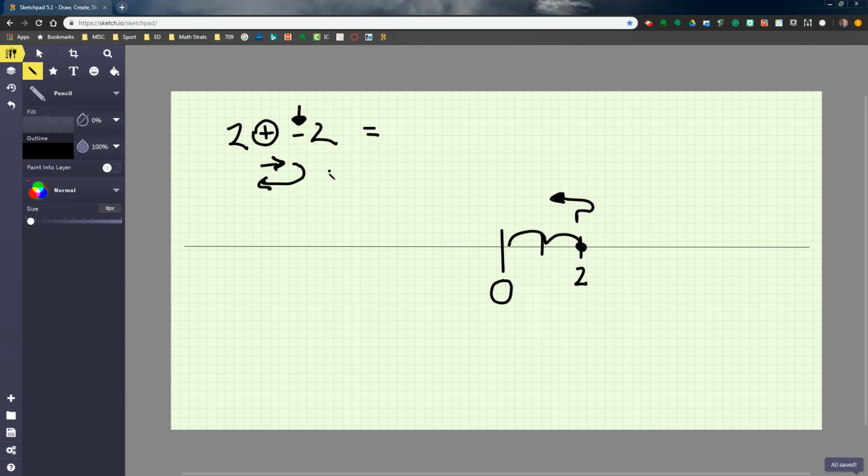So when we have 2 plus a negative 2, I'm going to rewrite it here just to make it a little more organized. That's really basically like saying a big minus, right? Because we went this way with our sign. So that ends up at 0.